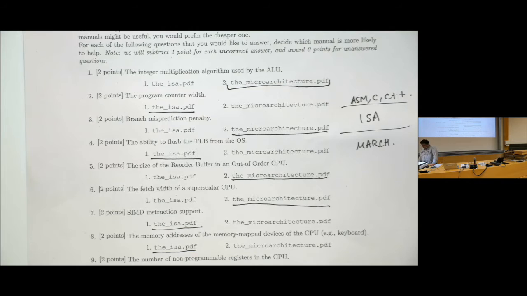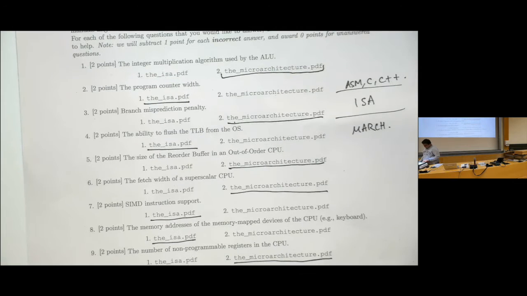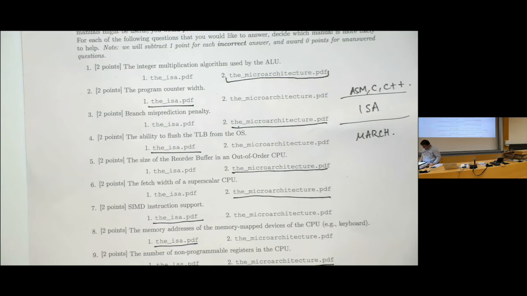So the ISA wouldn't actually provide any information on the L1 data cache or its replacement policy. You would typically find mention of the cache sizes, but the replacement policy would not be available in the ISA, and that would be there in the microarchitecture. You can only find it in the microarchitecture manual.